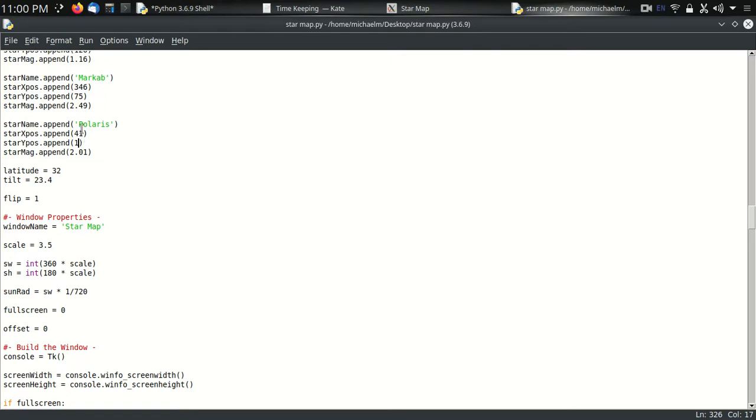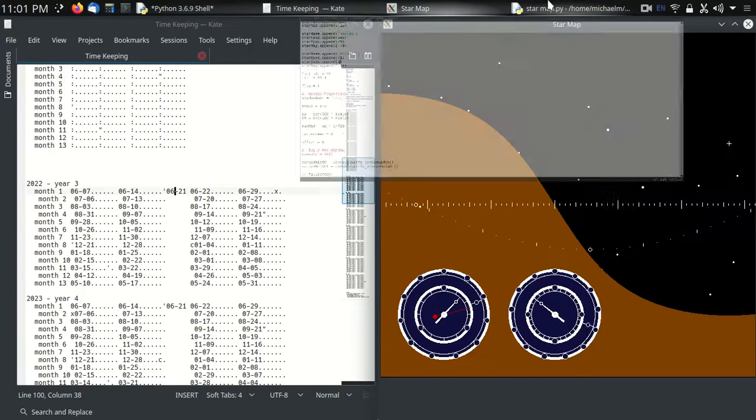This is 41 degrees, 41 pixels left or right, depending on if it's projected or not, and 1 pixel up. 41 pixels left or right, 1 pixel up. 300 or 1 pixel down. 346 pixels left or right, 75 pixels down. So this is Polaris, so it's basically at north, but it's not quite. It's just off of north, so it's 1 pixel below.